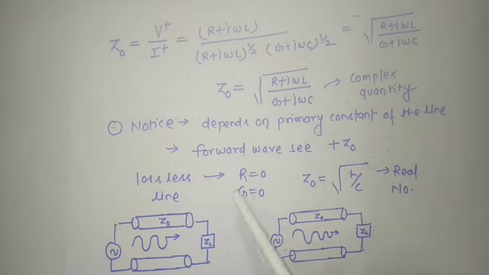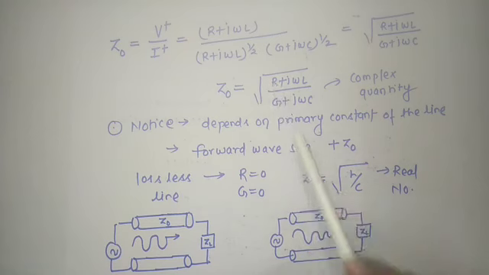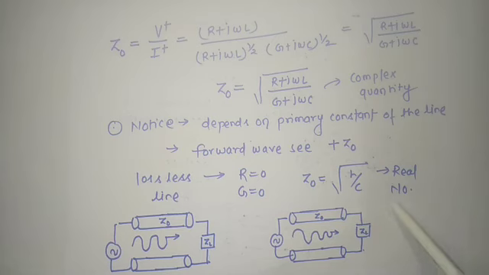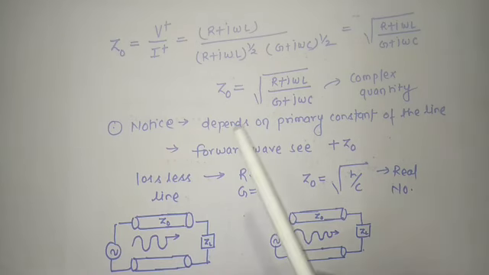So in the case of a lossless transmission line, put the values of R and G as 0 here, and you get under root L over C. It is nothing but a real number. This is important. So whenever the wave is traveling from source to load, it will see a positive characteristic impedance, and in the lossless case this characteristic impedance will be a real quantity.